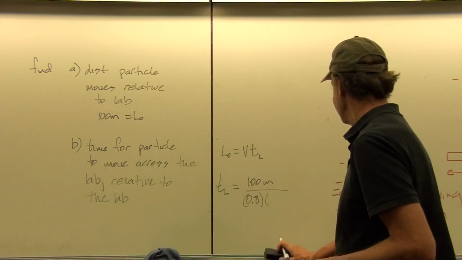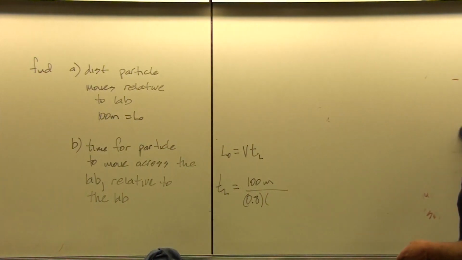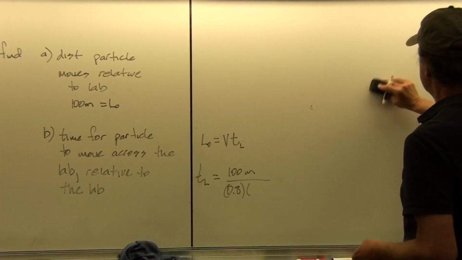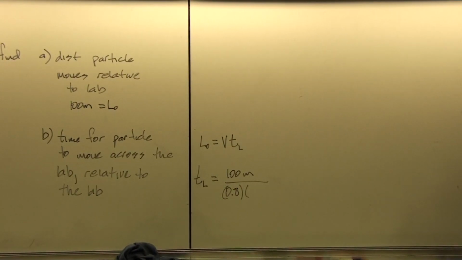Now this time I'm going to have to actually multiply it out. I don't get to cancel the c for this example. We don't want to always get used to doing that and then not be able to actually work out a number.